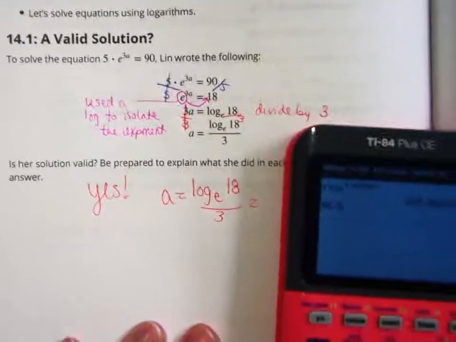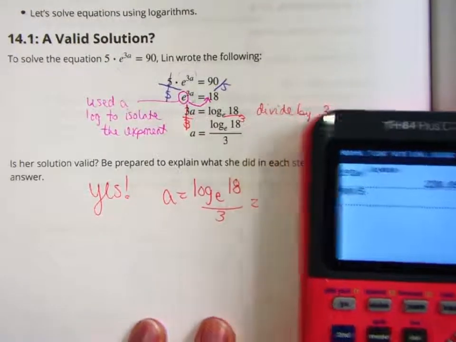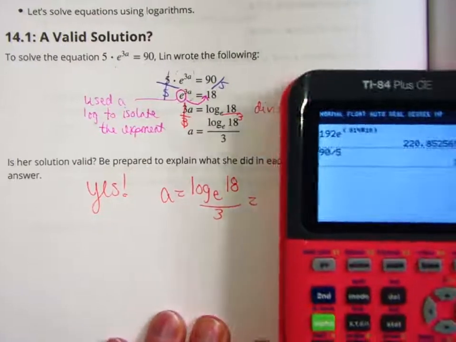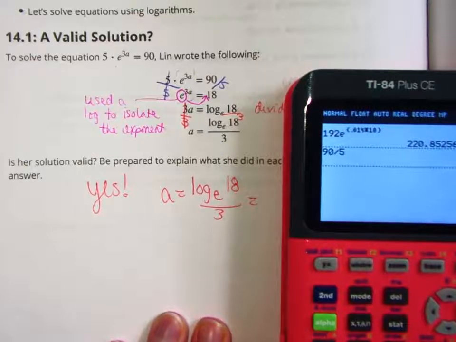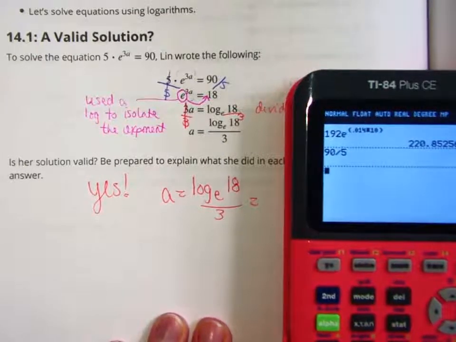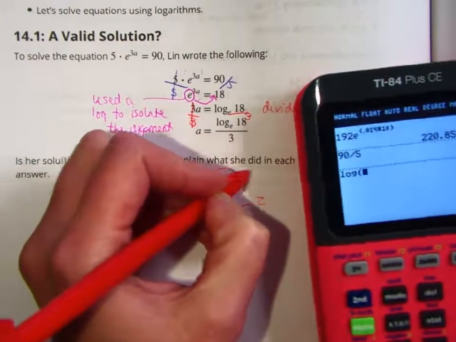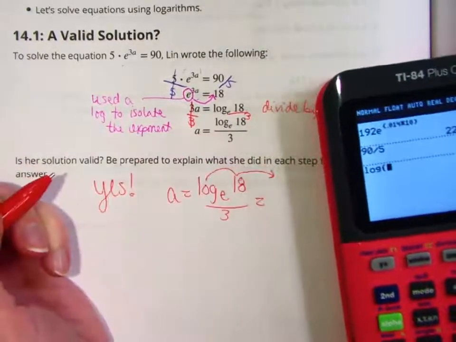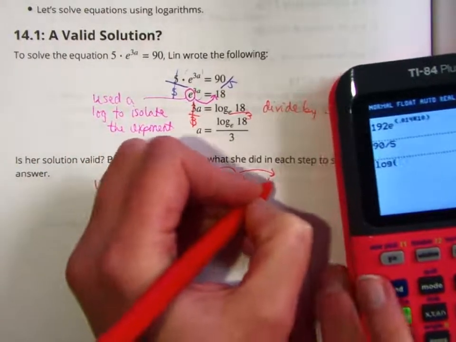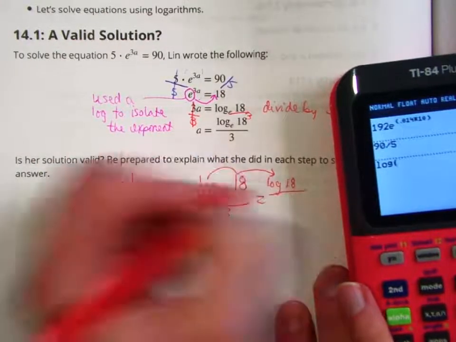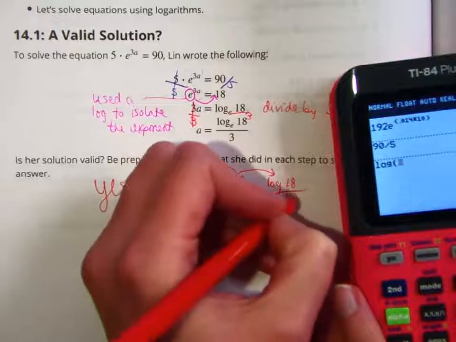I'm going to do this kind of in steps here with my calculator. So I'm going to start with log base e. Now remember, when we're typing this in, one of the ways we can do it is log of the full size number on top divided by log of the base.